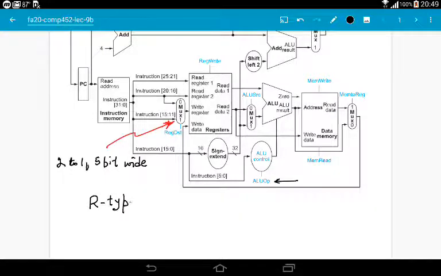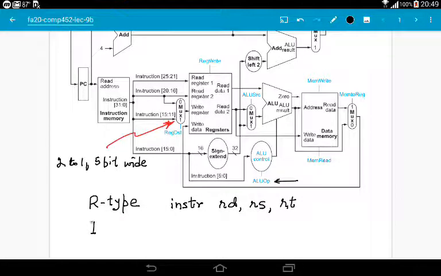In R-type instructions, the format is the instruction, then destination register RD, then first source register RS, then second source register RT.